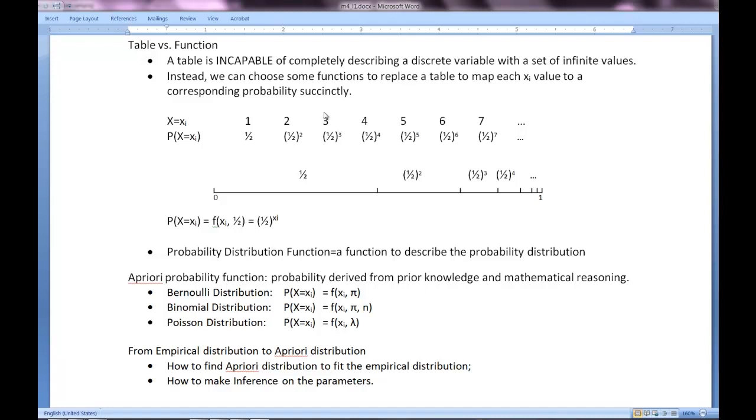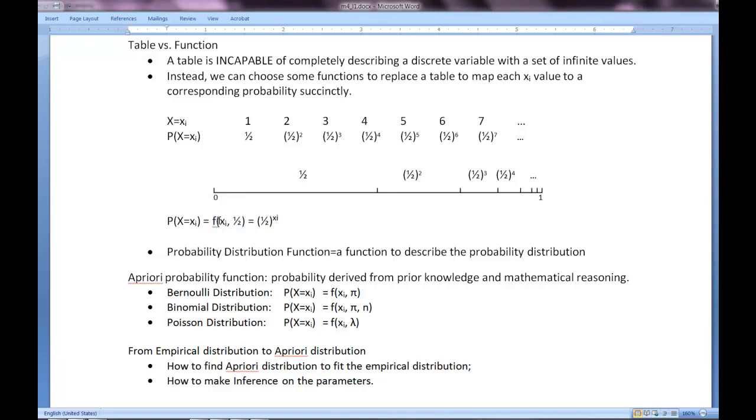Similarly, for 3 people to appear in that 1 hour window, the probability is half raised to the power of 3. And this relationship holds true for every possible value. And it's written here, and we call this a functional relationship.